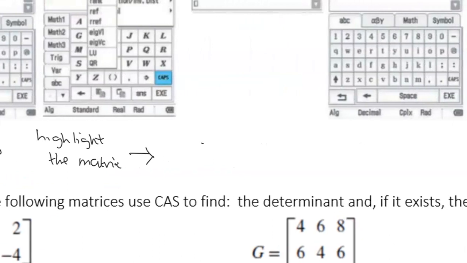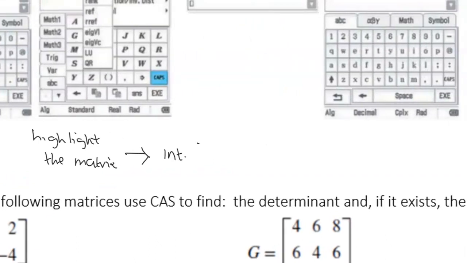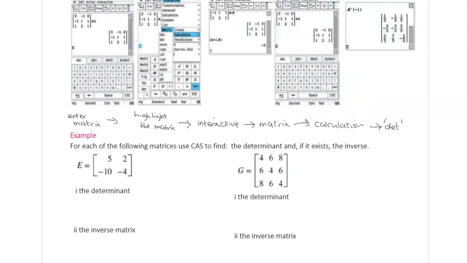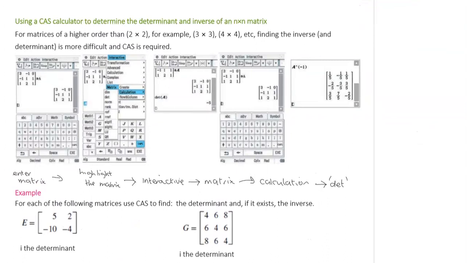Then we went interactive, matrix, calculation, and then det, which is short for determinant. Okay, and that will give us the determinant of a matrix.